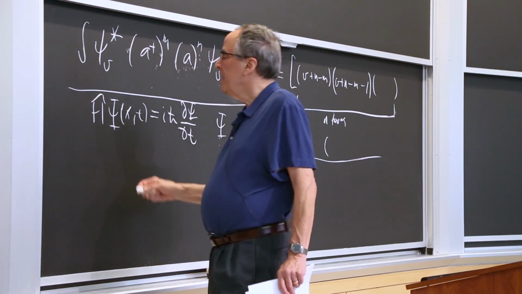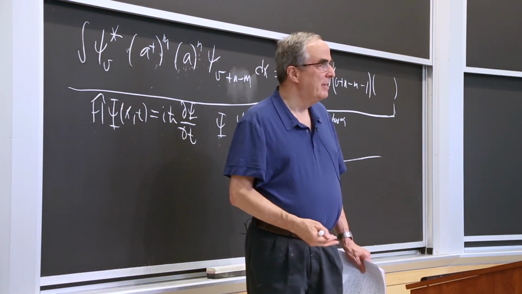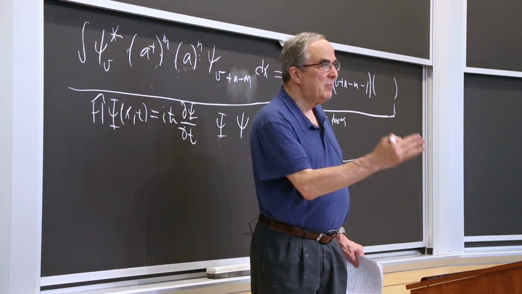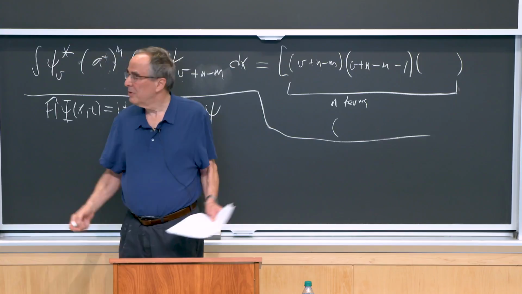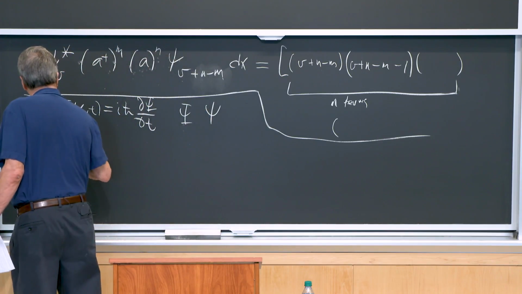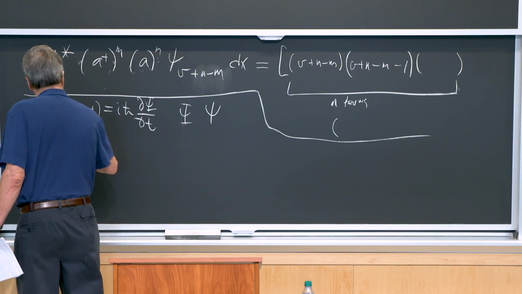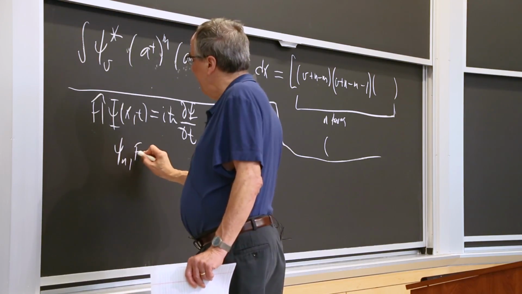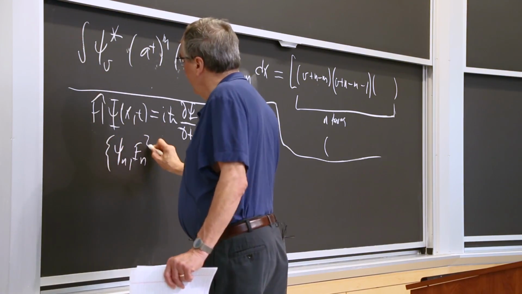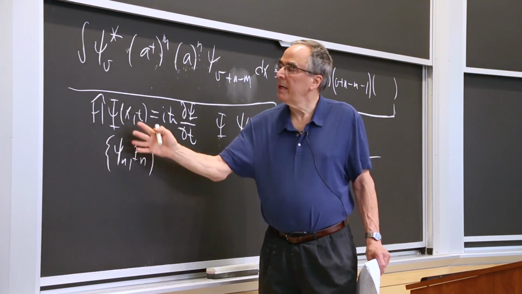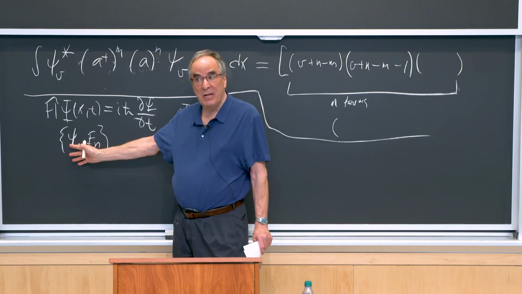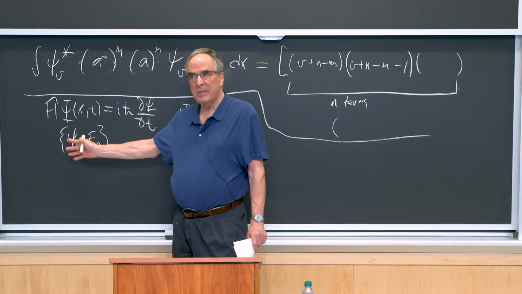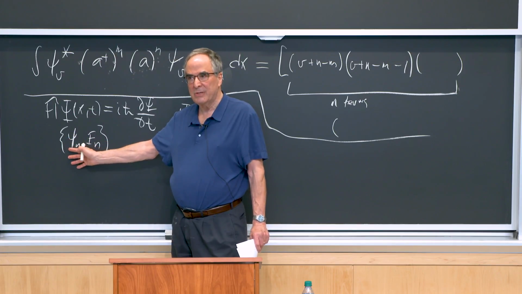Now, if the Hamiltonian is independent of time, and this is wonderful, then if we know the solutions psi n and E n, if we know all of these solutions, then there's nothing new. We are just repackaging the stuff that we know from the time-independent Schrödinger equation.